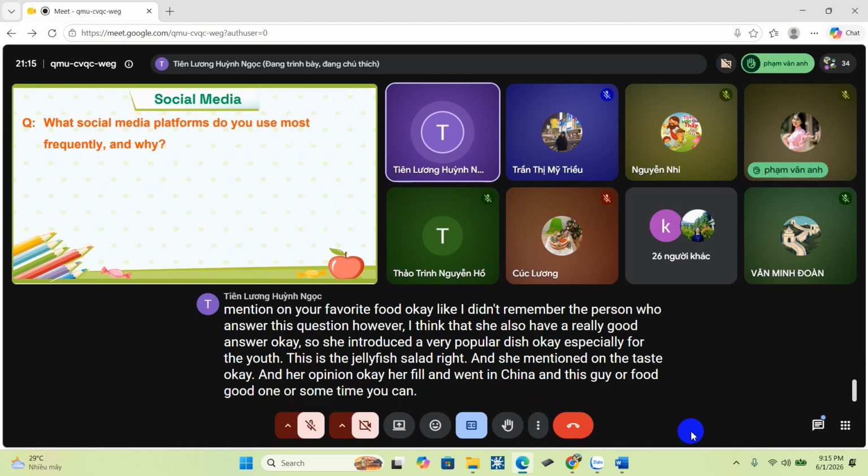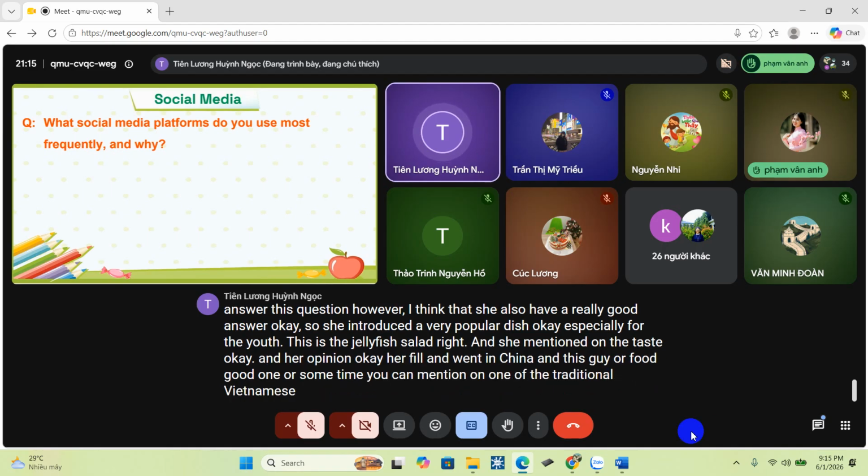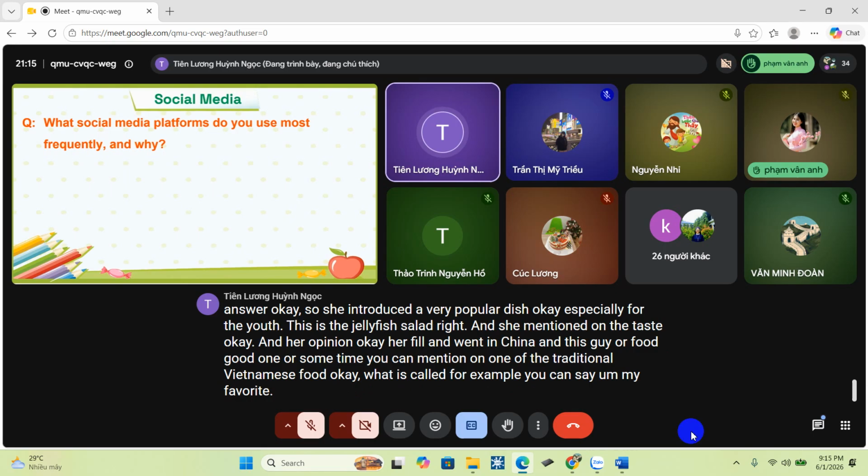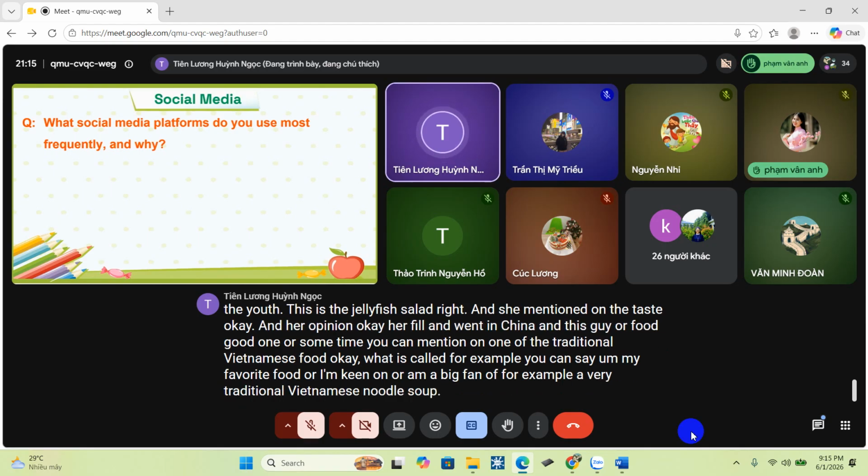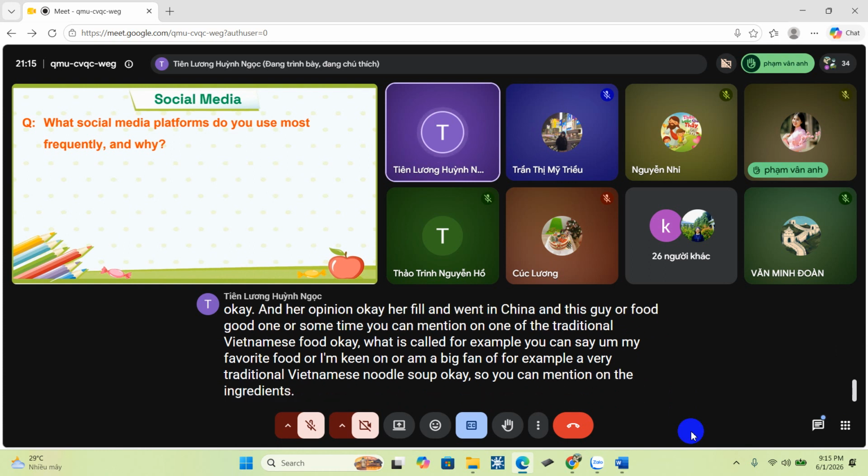Or sometimes you can mention one of the traditional Vietnamese foods. For example, you can say, "My favorite food is, or I'm keen on, or I'm a big fan of pho, a very traditional Vietnamese noodle soup." So you can mention the ingredients and the taste.